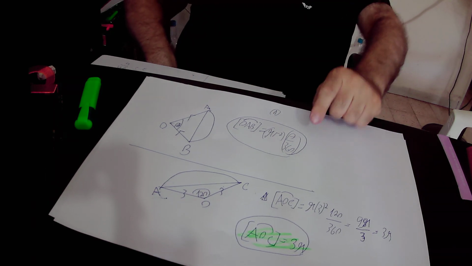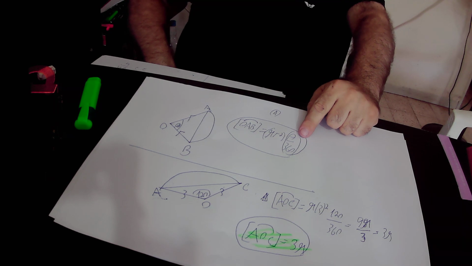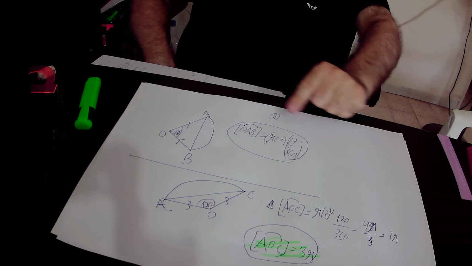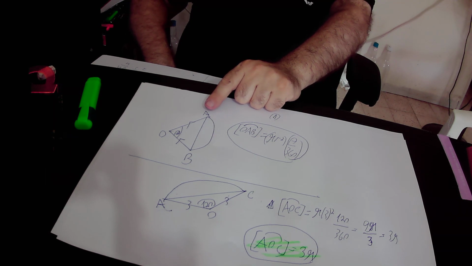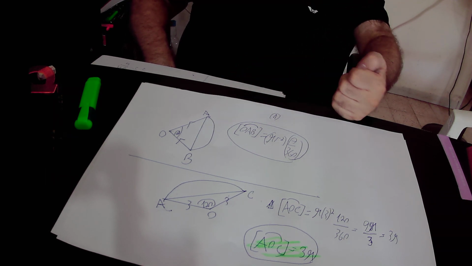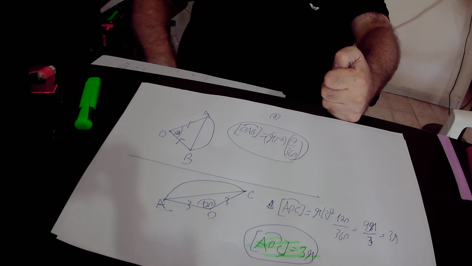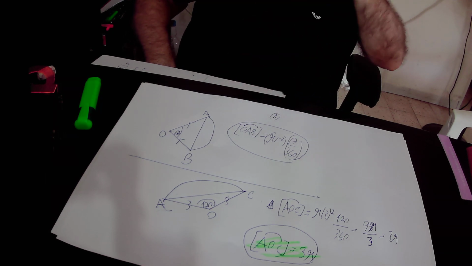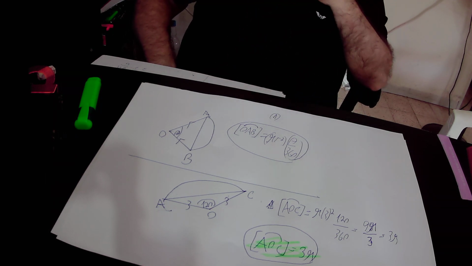Theta over 360 degrees gives us the relative percentage that this sector occupies out of the entire circle, and we multiply this relative percentage by the area of the entire circle, pi r squared. We get exactly the area of sector AOB.